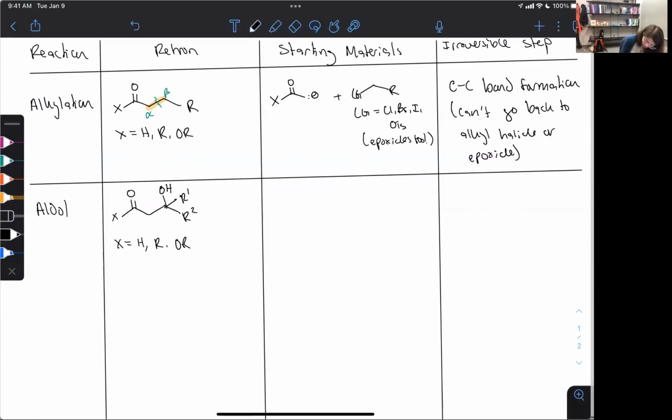Okay, so this is going to be our beta hydroxy carbonyl. We also called this the aldol addition product.